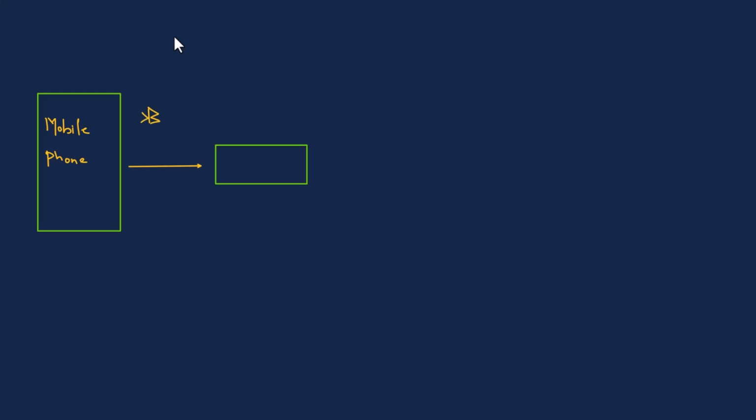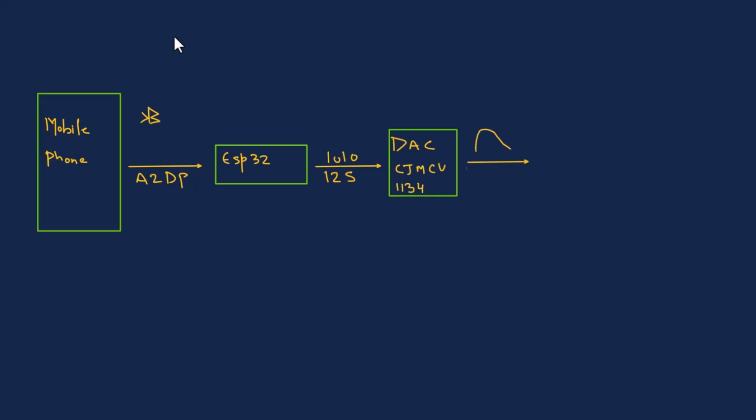So basically, your phone sends the audio over Bluetooth, the ESP32 picks it up using A2DP, then passes that digital audio over to the DAC using I2S. The DAC takes care of converting it into smooth analog sound that we can actually hear through a speaker.